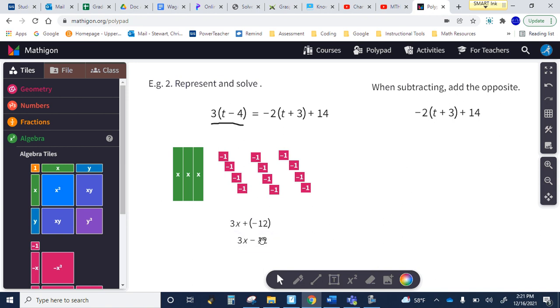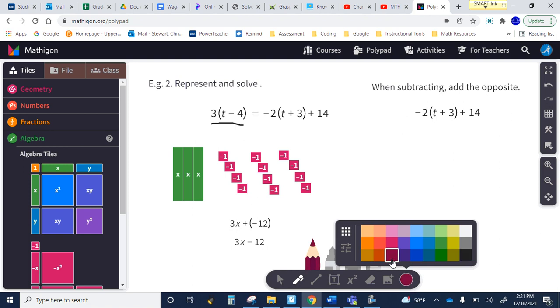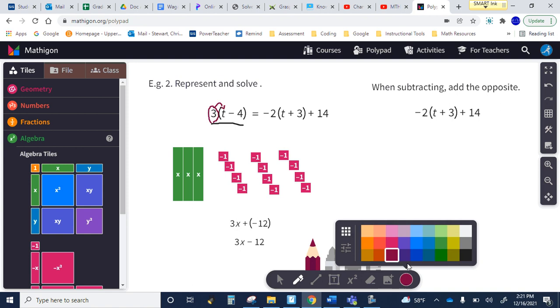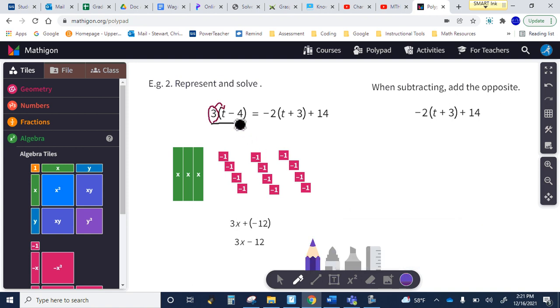I mentioned the word distribute, and what that means, as mentioned in an earlier video, is that you take the multiplier or the coefficient and you multiply it into each term of the group. So that's 3 being multiplied onto the t, and then also onto the -4 that you can see here, so that we're multiplying the multiplier onto that term as well. Hence the reason for the 12.